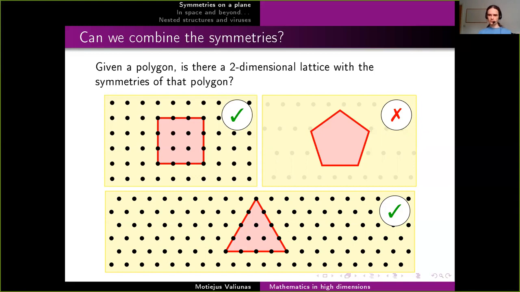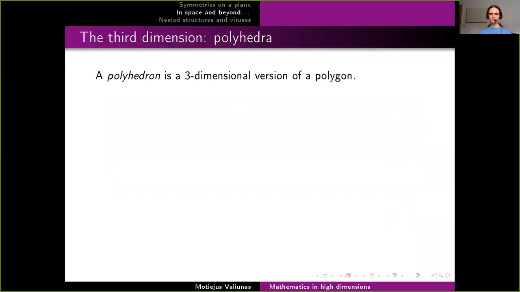So now let's look at what's the situation in higher dimensions. In 3 dimensions, what you think about as the space where you live, where you can not only move left, right, or up, down, but also go forward and backward, you have polyhedra, and a polyhedron is basically just a 3-dimensional version of a polygon. So now you have something like a cube.